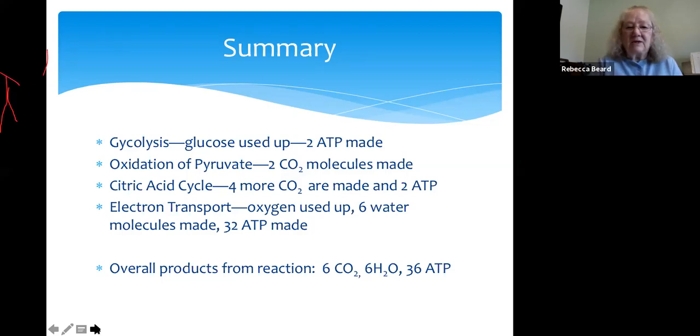Then in the electron transport chain, the oxygen is going to be used up, 6 water molecules made, and 32 ATP made. So the overall products from the reaction are 6 CO2, 6 H2O, and 36 ATP. Okay, starting with the glucose.